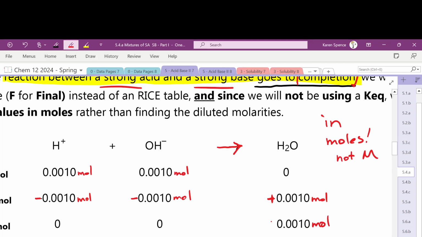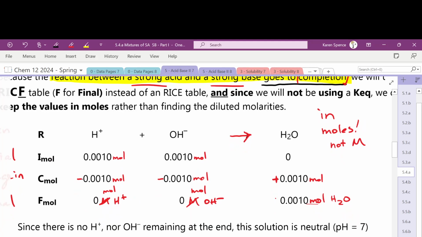Okay, and at the end, we have 0 moles of H+, 0 moles of OH minus, and 0.0010 moles of H2O. Is that good?